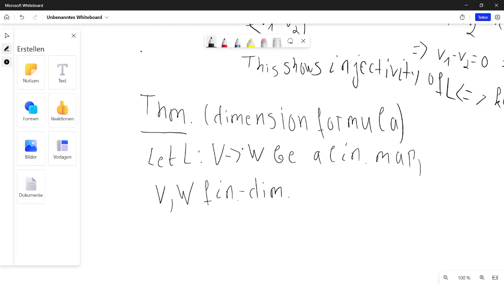The number of elements in bases is finite, but for now you don't know what that means. Just write it down. We will discuss that in order. Okay. Finite dimensional vector spaces.